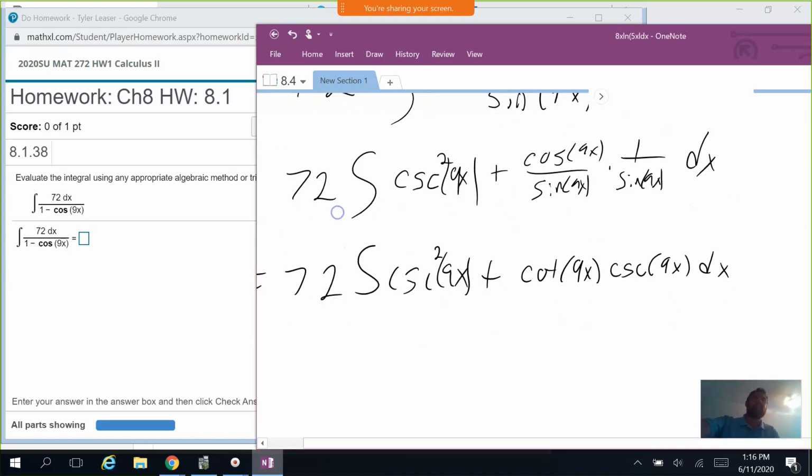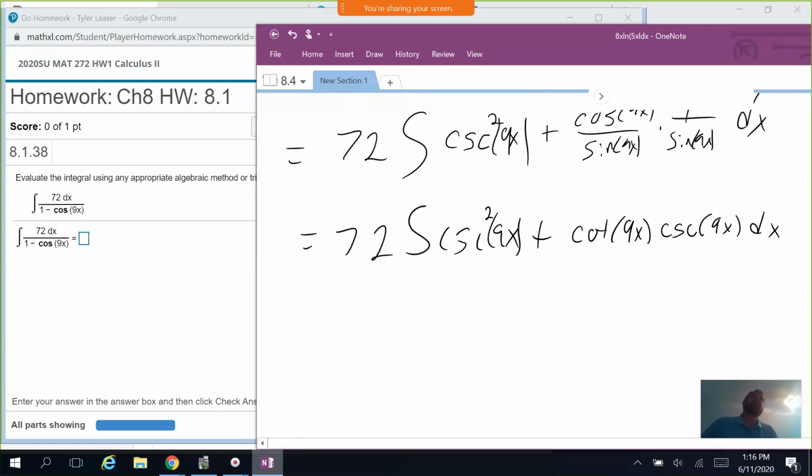It still looks awful, but these are now things that we can find the antiderivative of. I know it's probably been a while since you guys have done trig derivatives and antiderivatives, but it's something that's going to show up a lot for us. I think all of these are on that integration table.